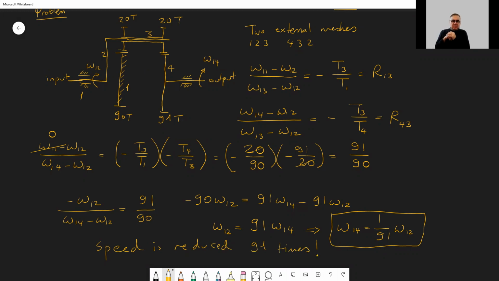Such gears, as I said, were used in mechanical clocks. Well, not that much anymore because they are not that much produced nowadays, but such devices were used in the past to achieve very high speed reductions, as you see, but still they are interesting.